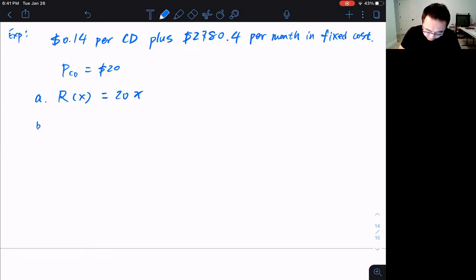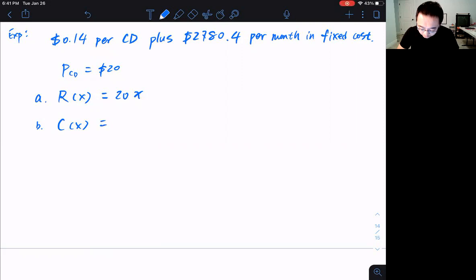Now, next question is, well, what is the cost function for their production? Again, you can denote it with a C. So C of x tells you how many CDs they have produced and how much cost that is.